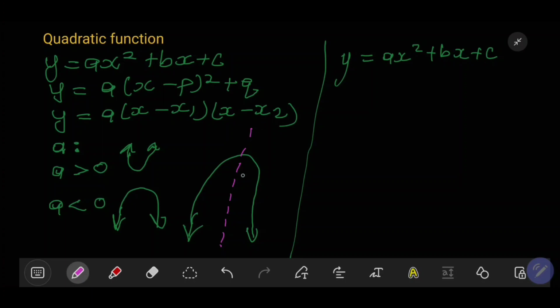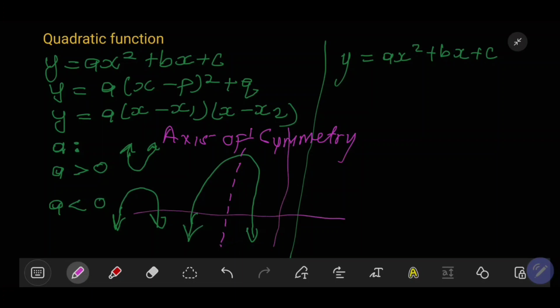This line that divides the graph into two equal halves is called the axis of symmetry. To calculate the value of the axis of symmetry, this line is a vertical line and it cuts the Cartesian plane on the x-axis. So for the axis of symmetry, we talk of the x coordinate.